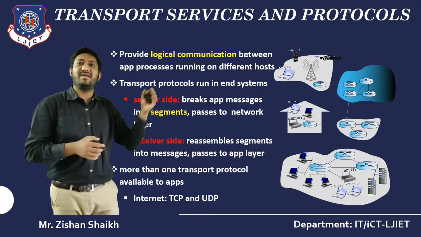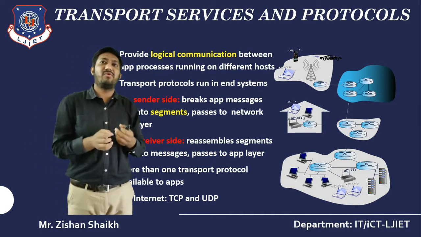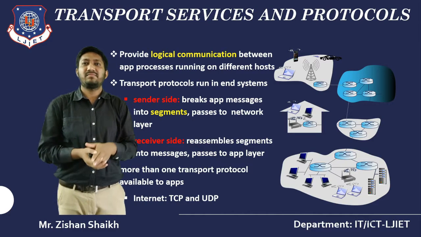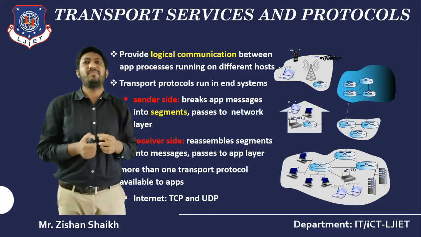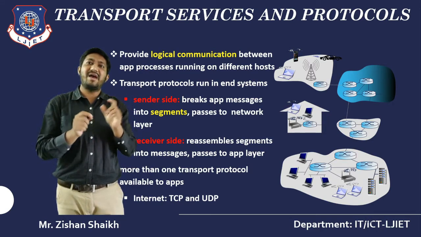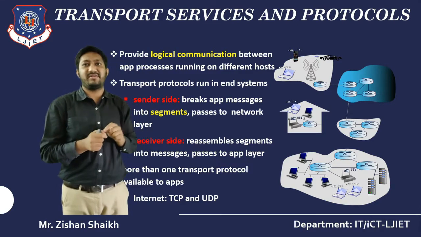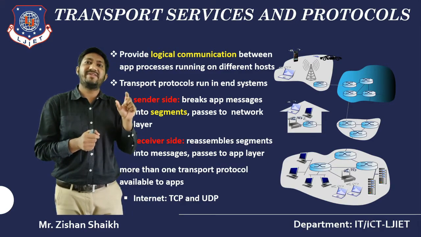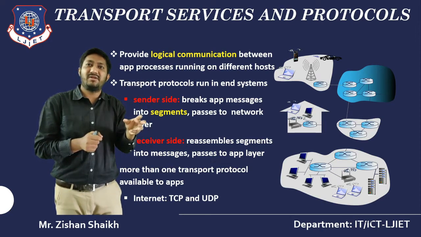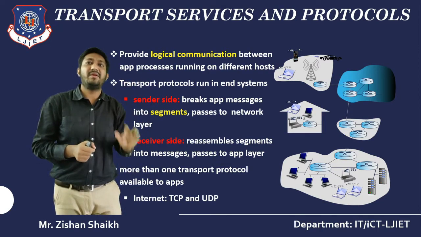When the data is transferred from source to destination, how does it perform the task? First, it takes the data from the application layer, and those messages are broken into smaller parts, and those parts are known as segments here. Those segments are then processed, and then sent to the network layer.